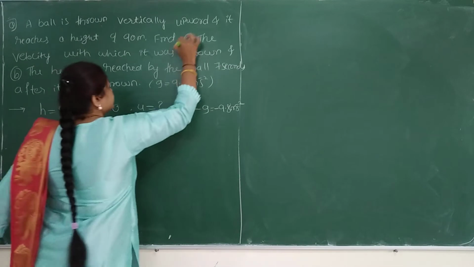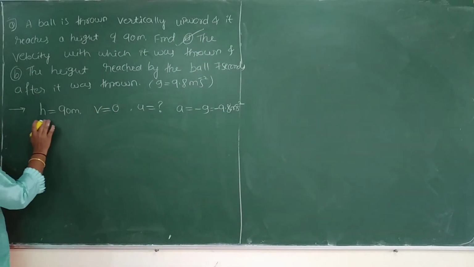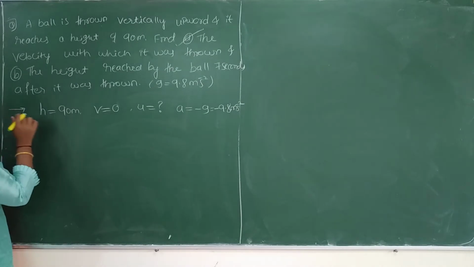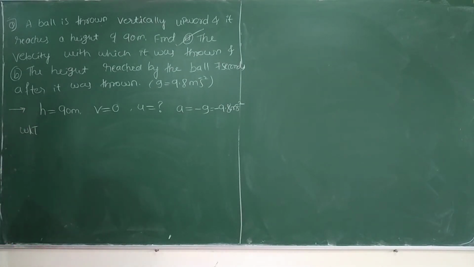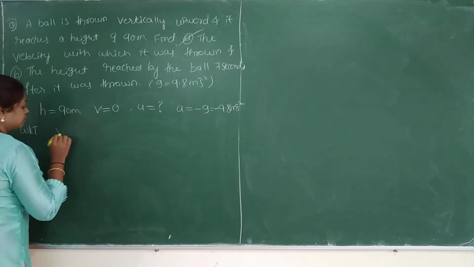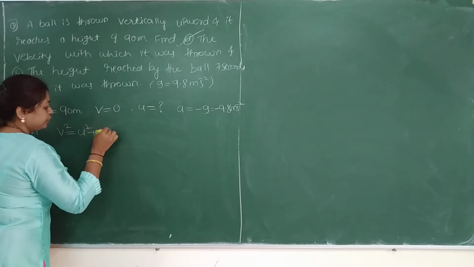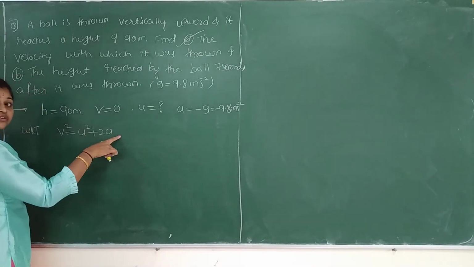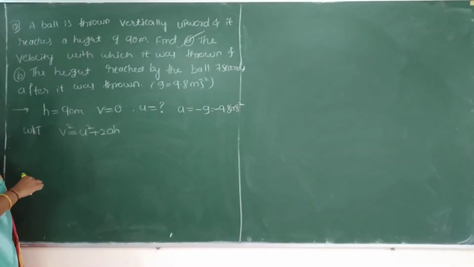To calculate the first one, that is initial velocity, write the formula. Seeing these given data, you can use the second equation of motion, that is v square equals u square plus 2as. Instead of s we can take h here, so that is 2ah.